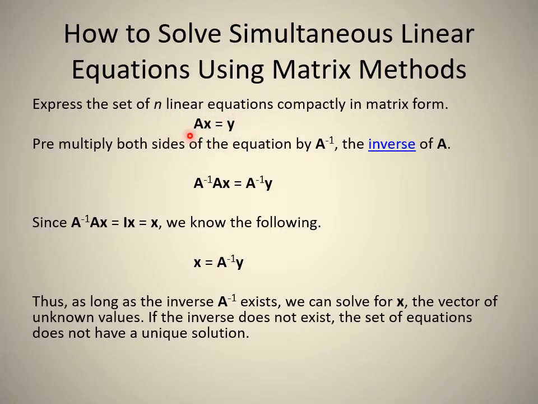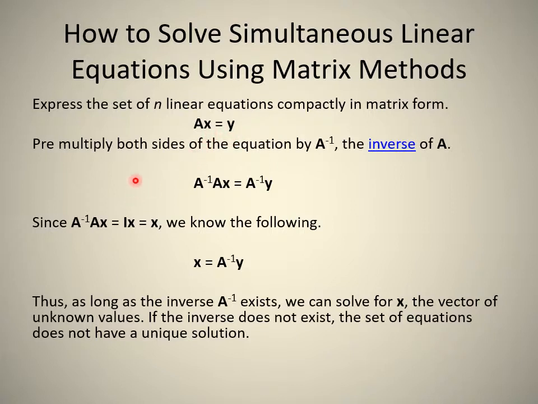A is our matrix with the same number of columns as the number of unknowns and the number of equations, so it's a square matrix. We also call that the coefficient matrix. We have X as a column vector of unknowns, x1 to xn, and Y then our so-called right-hand side, which is a column vector with the numerical values on the right-hand side of the equal sign.